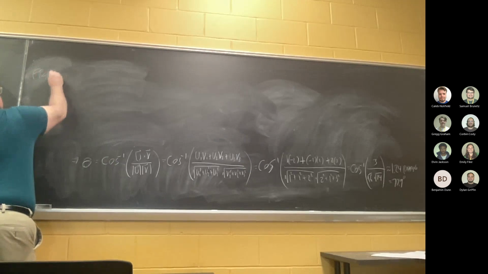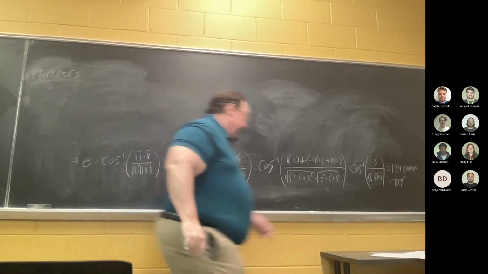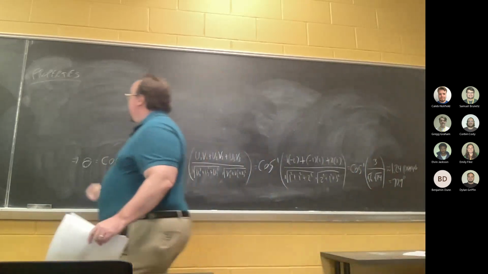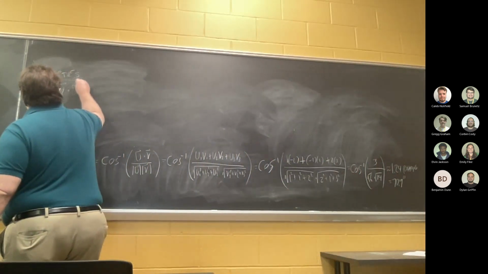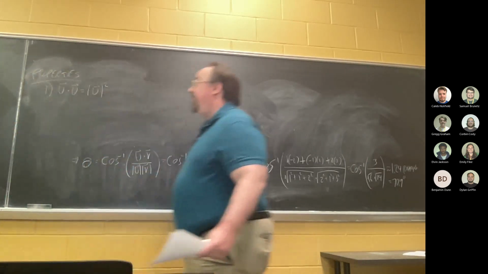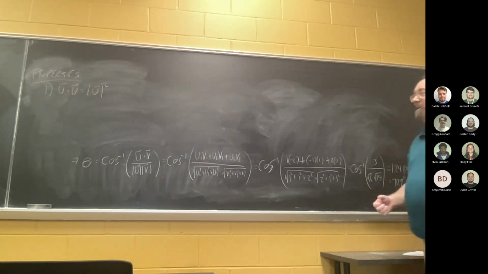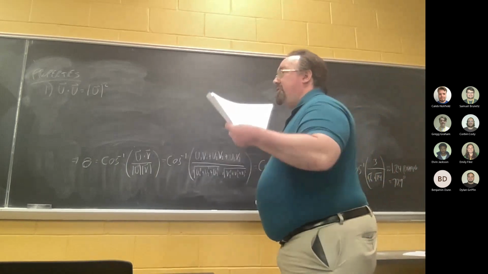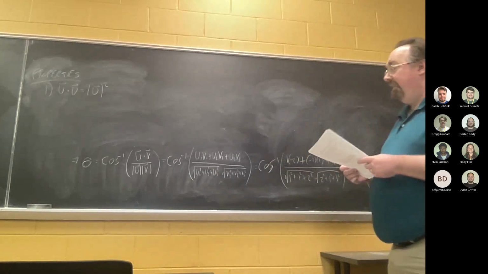Here are some properties of the dot product. First, the dot product of a vector with itself is the magnitude squared. Because if U has components U1, U2, U3, and you take the dot product with itself, it's going to be U1 squared plus U2 squared plus U3 squared, so that is the magnitude squared.